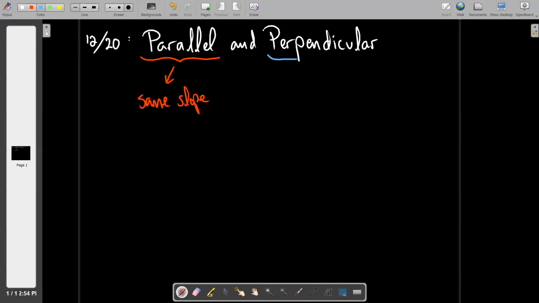Do you guys know what this word is, perpendicular? I tried to write neatly so you don't misspell it. Perpendicular. What makes two lines perpendicular? Sutter? Two lines meeting at 90 degrees. Right. Very good.